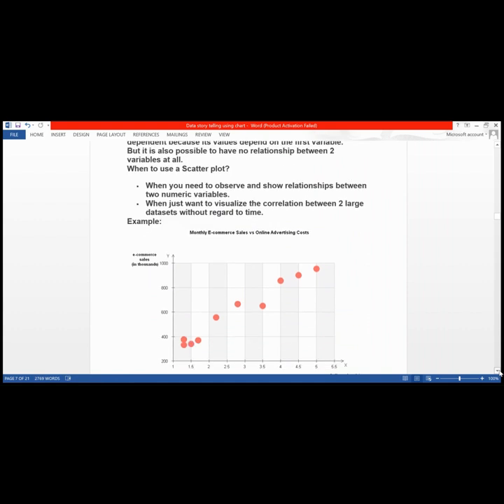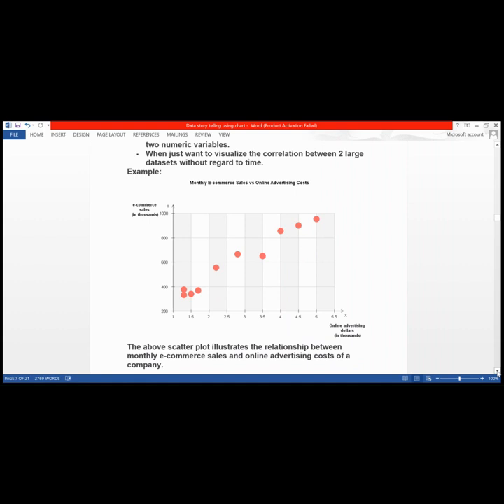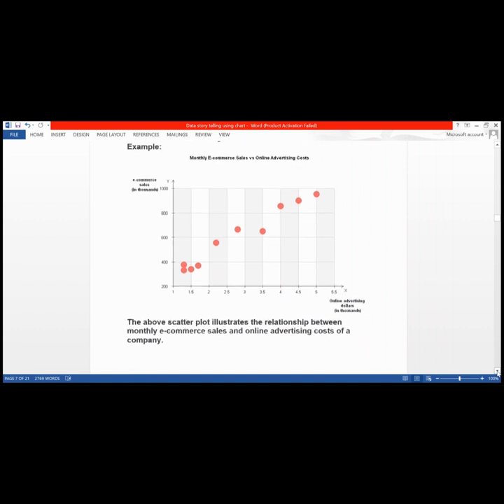Now look at this example. We have the monthly e-commerce sales versus the online advertising cost. We are comparing the two variables now. The above scatter plot illustrates the relationship between the monthly e-commerce sales and online advertising costs of a company.